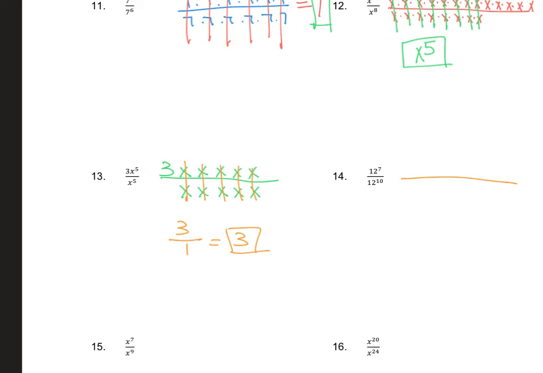Remember, the base tells you what number you have, the exponent tells you how many of them you have. So I'm going to write out 12 7 times on the top.